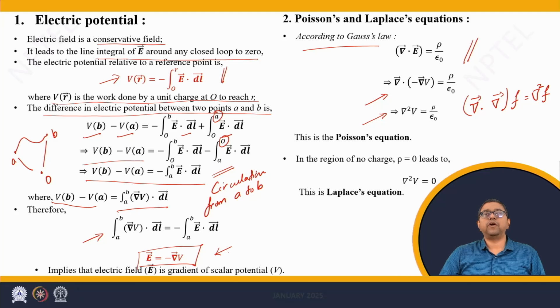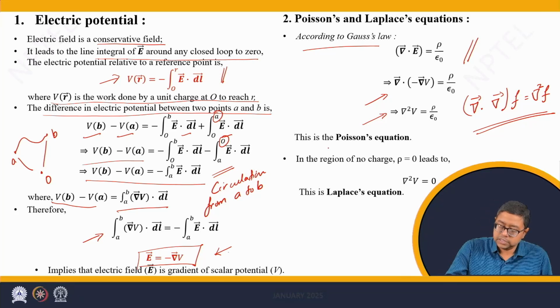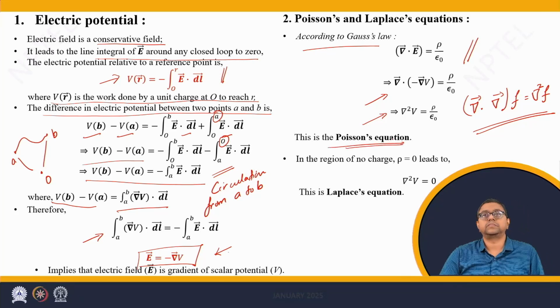This follows from the vector identity, that is divergence of a gradient of any scalar function V equals Laplacian of that scalar function. This is the Poisson's equation. In the case where there is no charge, that is rho equal to 0, the Poisson's equation becomes the Laplace's equation.